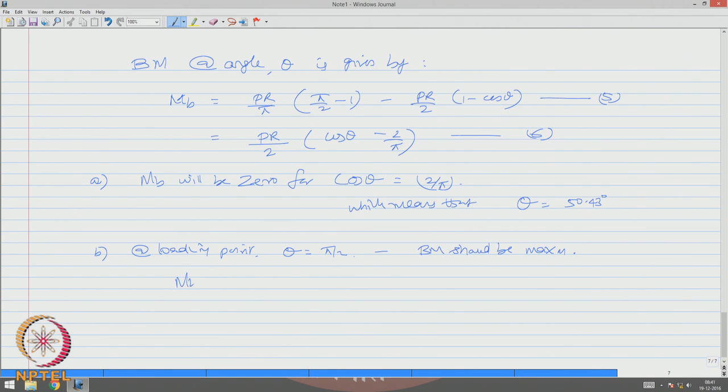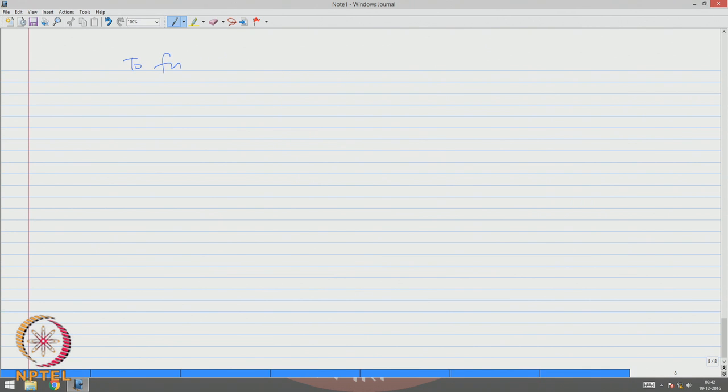So, I should say MB maximum is Pr by 2 times (cos pi by 2 minus 2 by pi), which will be equal to minus Pr by pi, equation number 7. Now, if you really want to find the stress at any angle theta, then let us mark this figure.